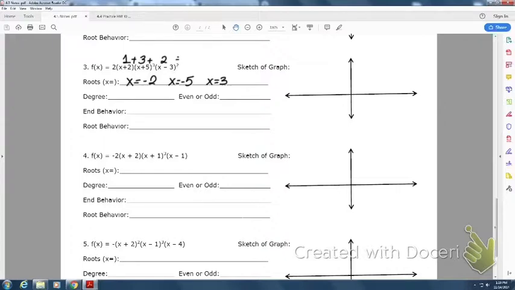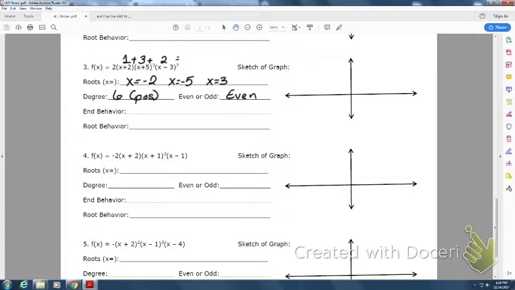So Cambridge, what is the degree of the whole function? 6. There's no negative at the beginning, so it's positive. So I've got a positive, even.